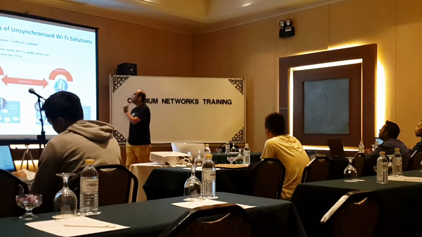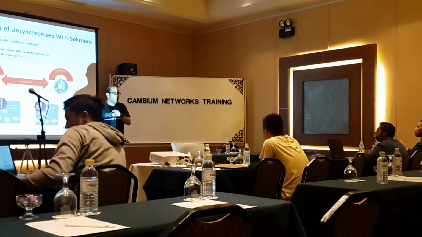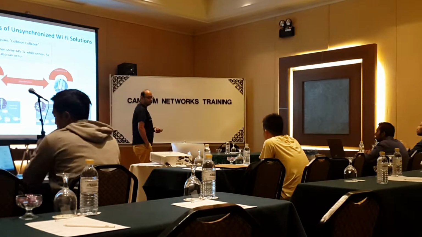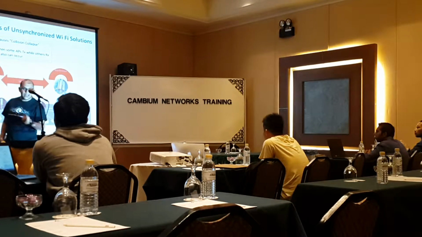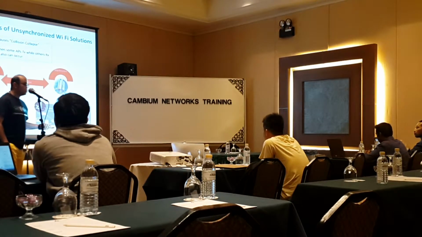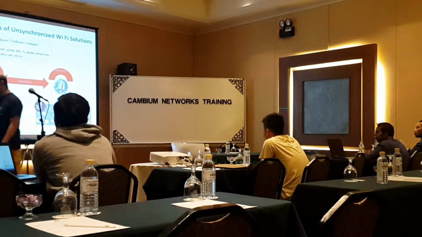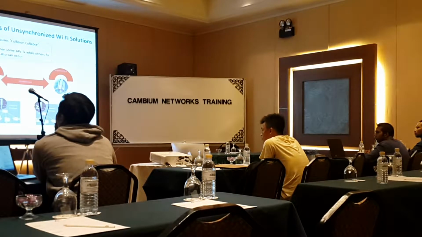Another problem of these interferences is the hidden node. Why does collision happen? Collision happens because carrier sense cannot detect the hidden node. Yesterday, I had this example, a network, one access point and some clients.